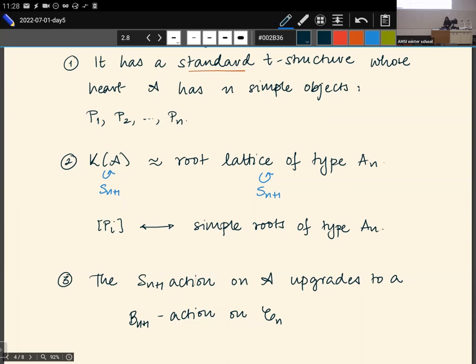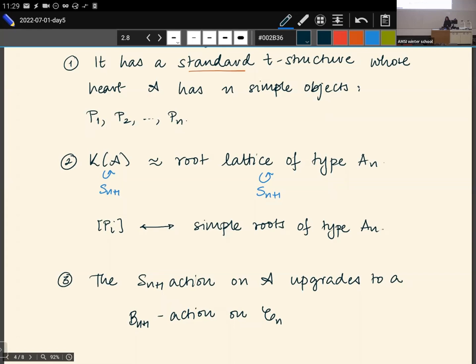So I don't want to say too much about this, but practically what does this mean? This means that I introduced the braid group already. If you start off with some X in your triangulated category, you can apply braids to this object and get new objects in the category.